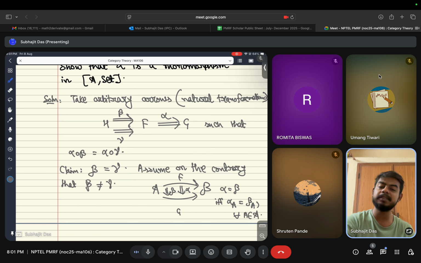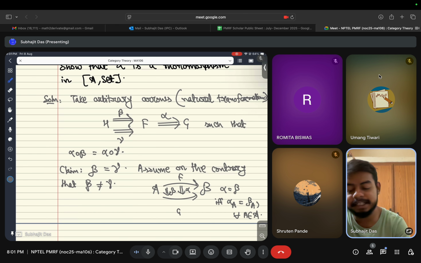So what does it mean to say that two natural transformations are not equal? It means that there is some object in the domain category such that the component of one natural transformation at that object is not equal to the component of the other natural transformation at that object.